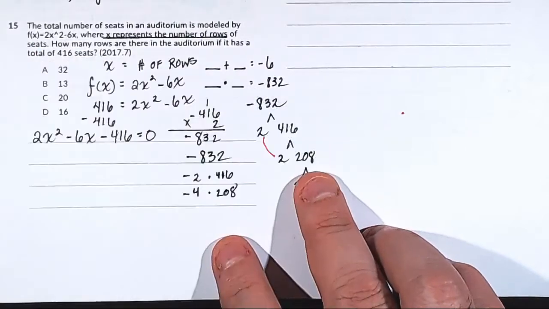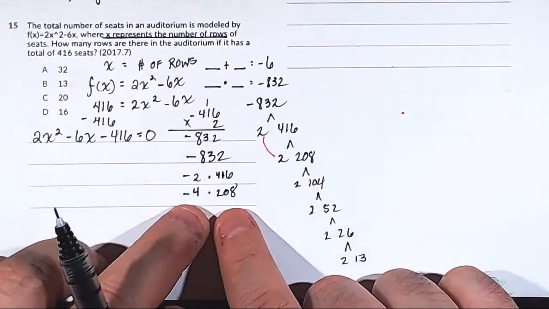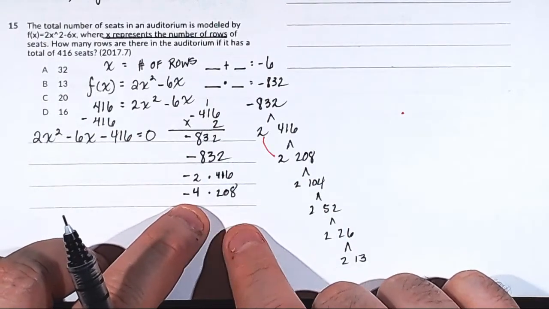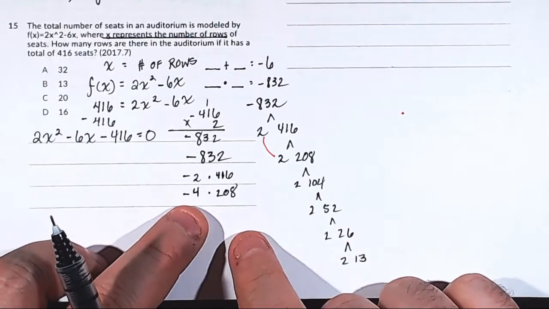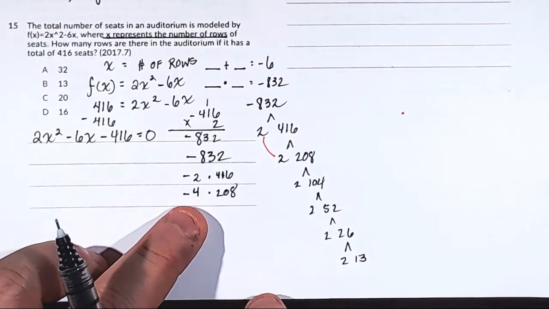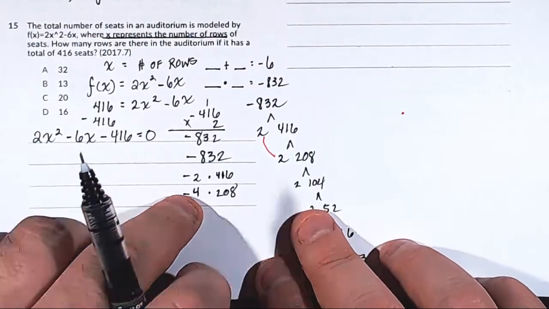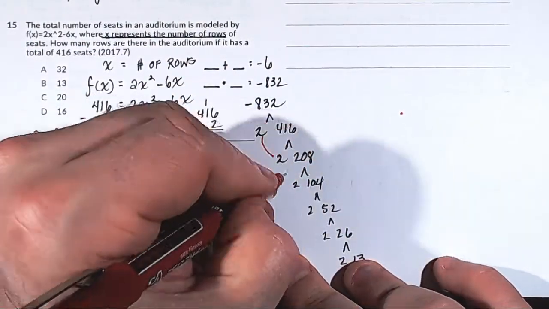I'm still not getting anywhere near negative 6 as a sum, because negative 4 plus 208 is 204. And 4 times negative 208 is just negative 832. So not getting anywhere close to negative 6. So I'll keep going with the daisy chain here.